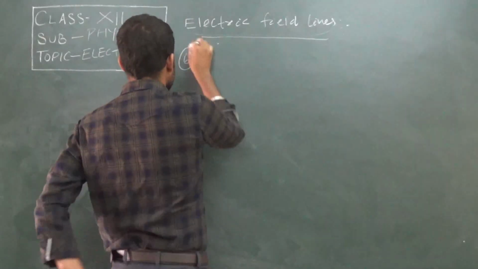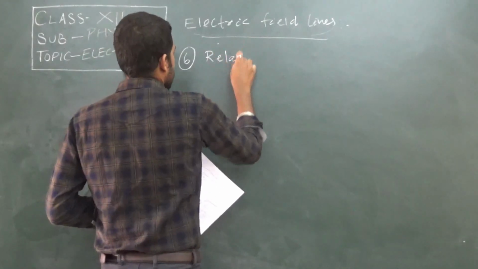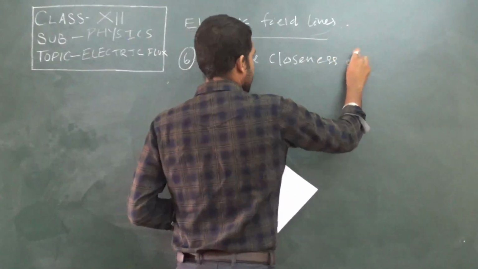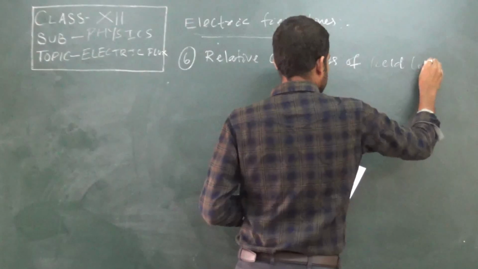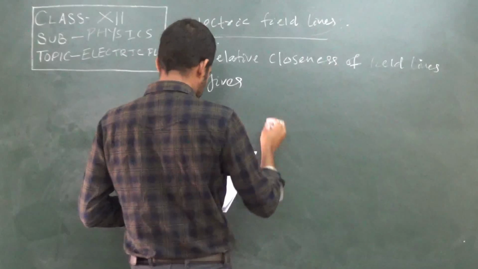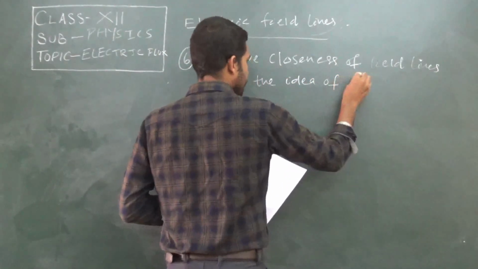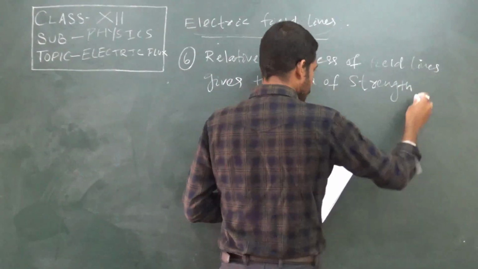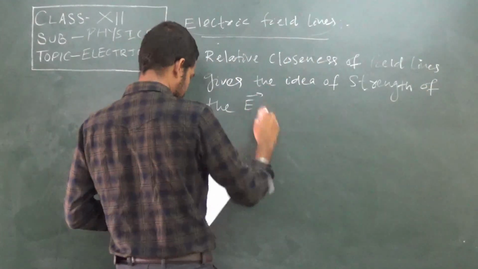So next point, the 6th one we can write: relative closeness of field lines gives the idea of strength of the electric field.